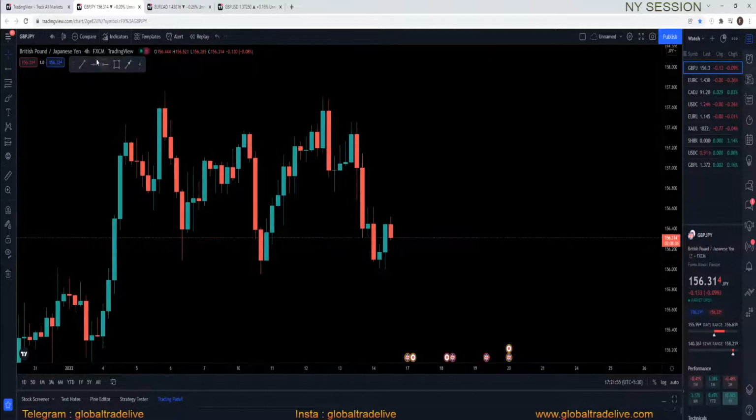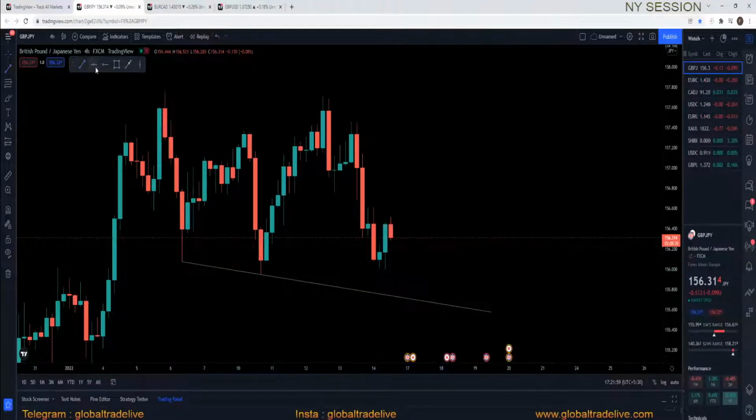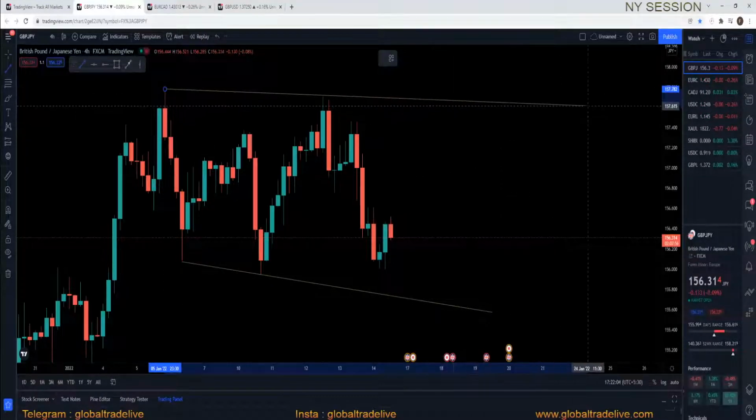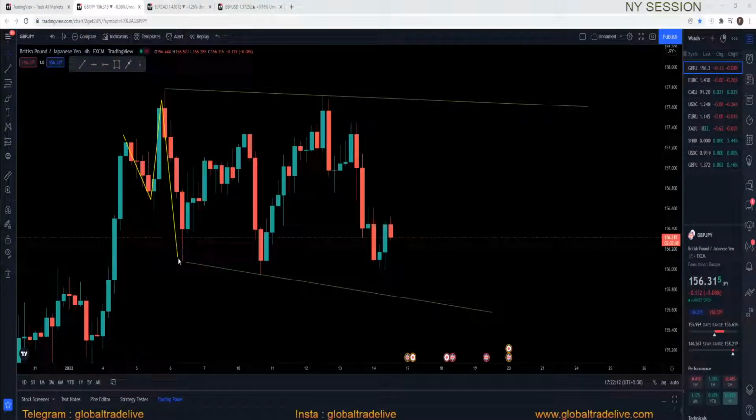Okay, perfect. So what I'm gonna do is draw some trend lines over here to look at the overall thing. So the market is just consolidating at this point.